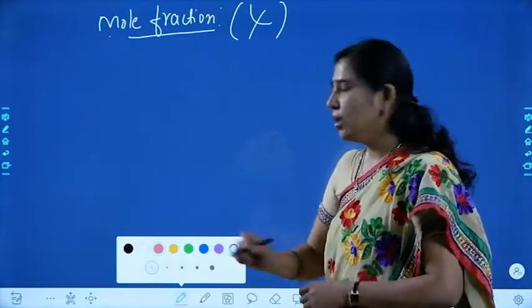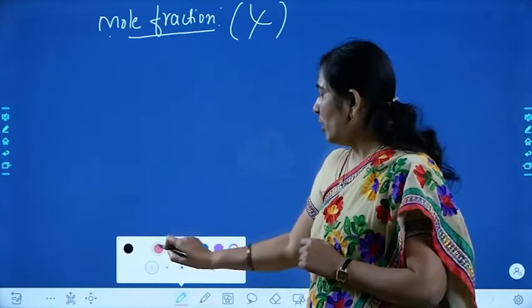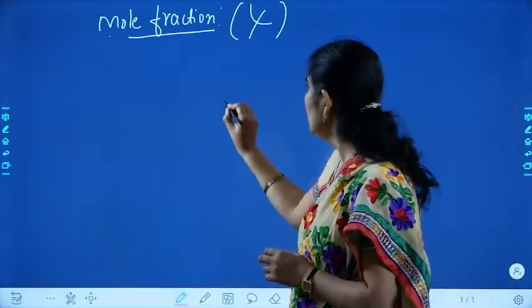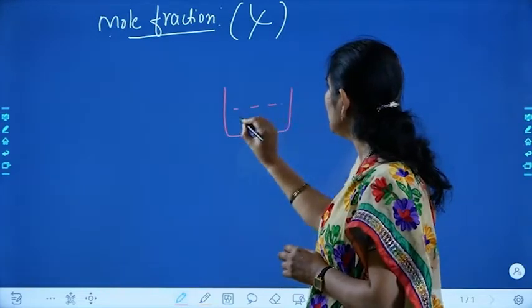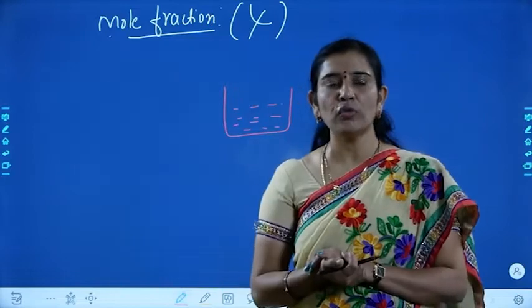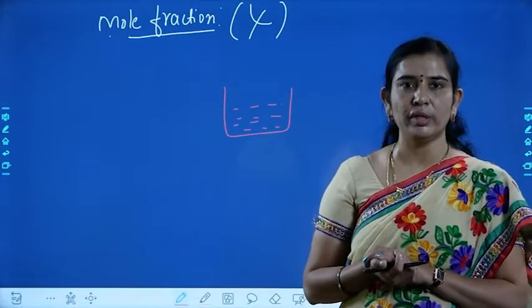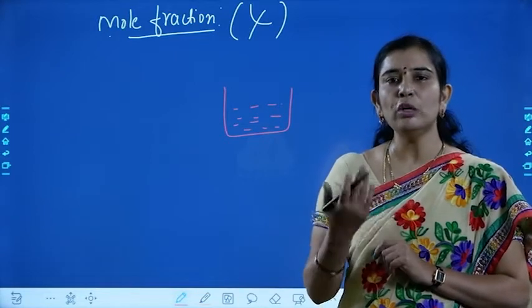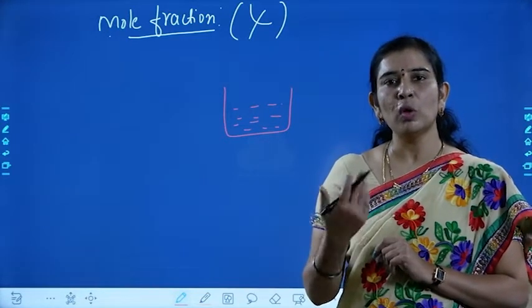Students, for example, you have got a water sample. Assume this is a solution I have taken. Solution is a mixture of two or more components, you know very well: one is a solute and another one is a solvent. The solute may be two or more components.